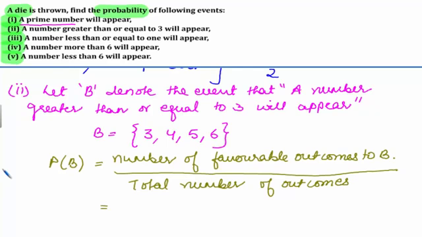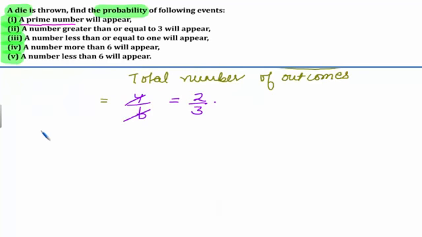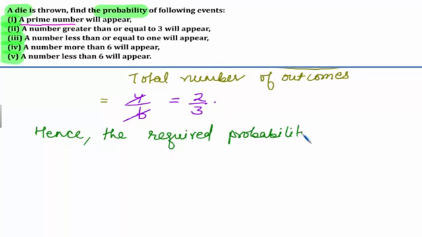So this is equal to, the number of favorable outcomes to the event B are 4 and the total number of outcomes are 6. So this is equal to 2 upon 3. Hence, the required probability is 2 upon 3. Now let us proceed on to the third part.